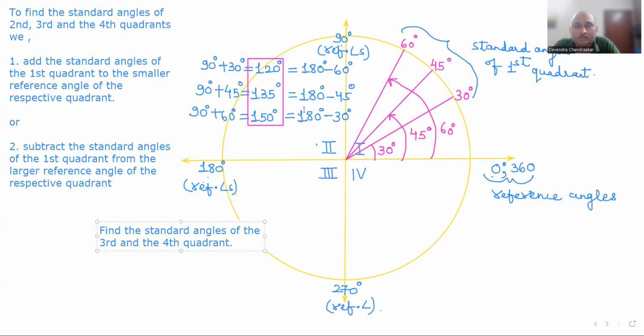Please give answers. Very good, Akshaya, very good beta. Very good Isha. Very good Adhya. This is good for the third quadrant. Give me the fourth one also.